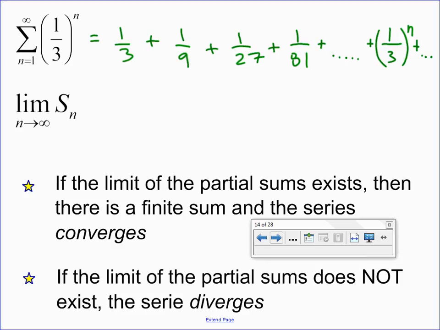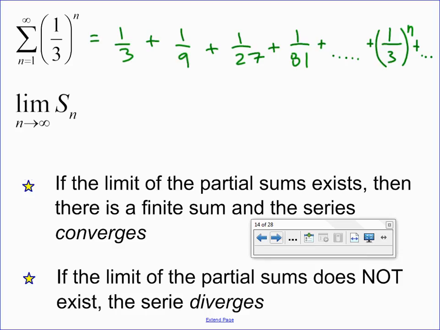As I continue to consider larger and larger term values in the sequence, does it appear as though the term values are converging? What do the term values seem to be approaching as n gets infinitely large? Brendan? 0. If my term values are approaching 0, then it just might be plausible that the sum itself might converge.